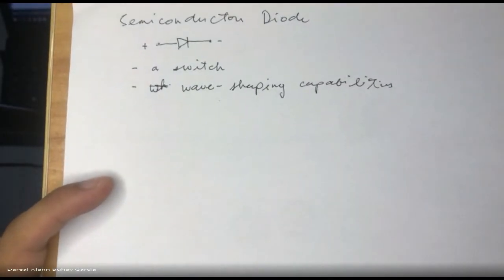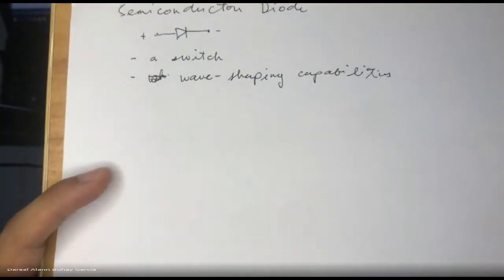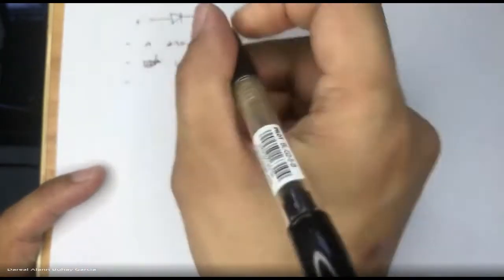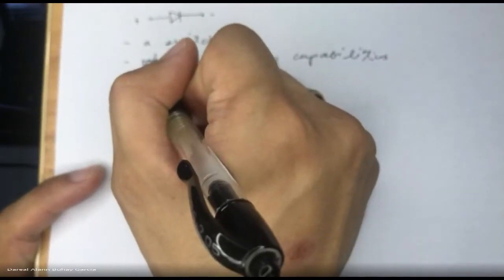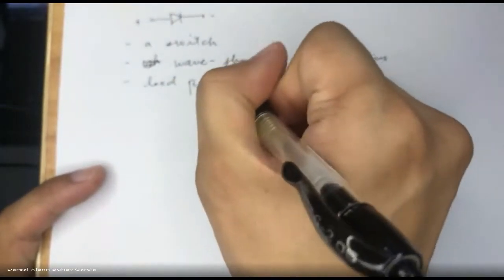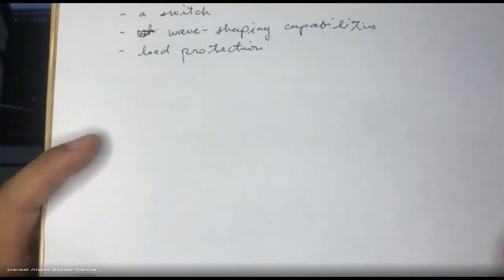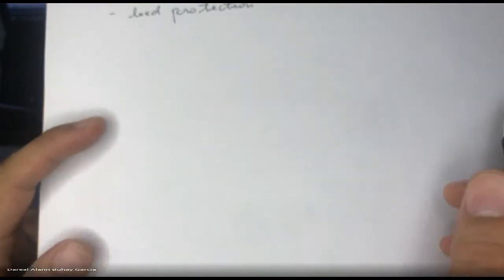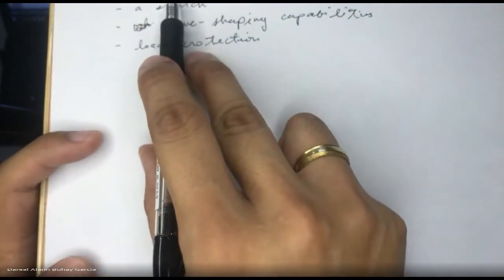And sometimes we also use the diode for circuit protection, or load protection. We put a diode in parallel with a device or load that is very sensitive.